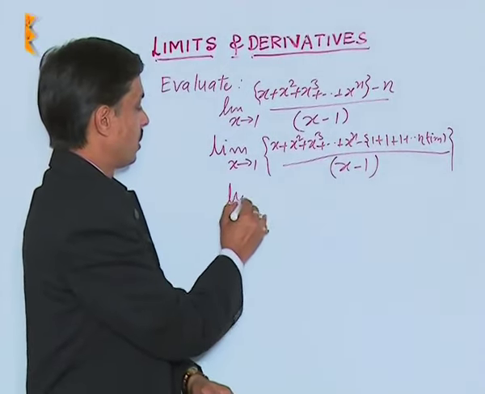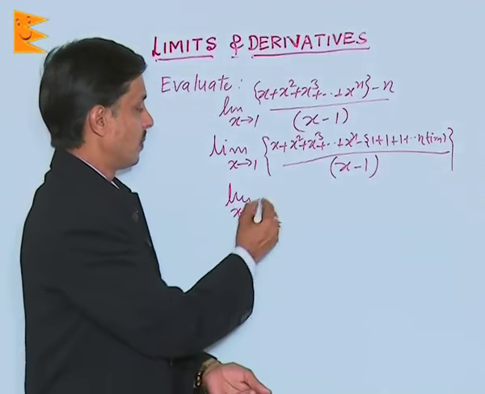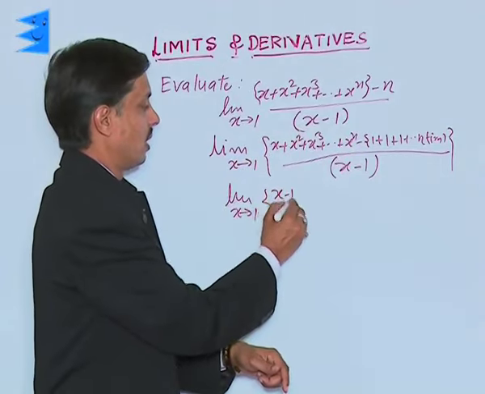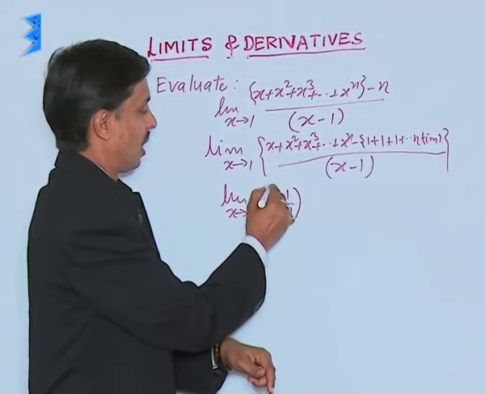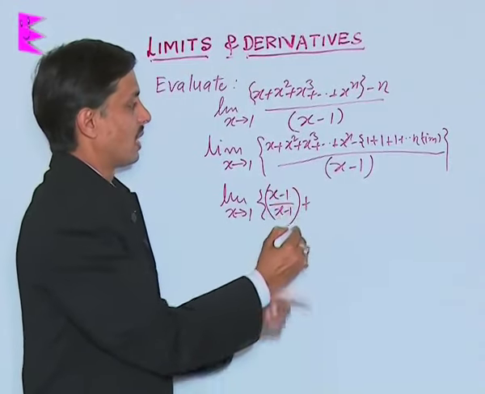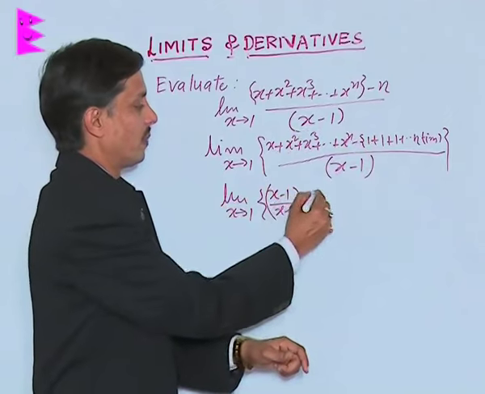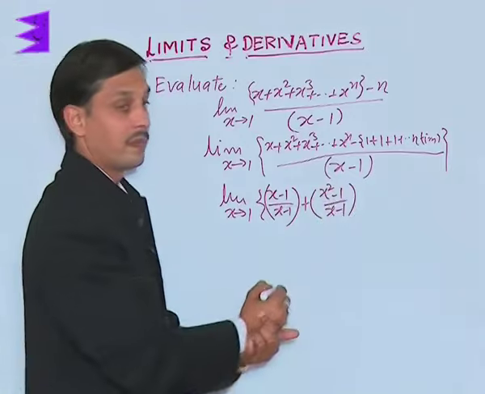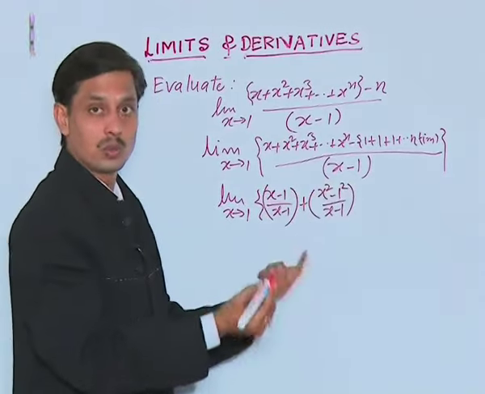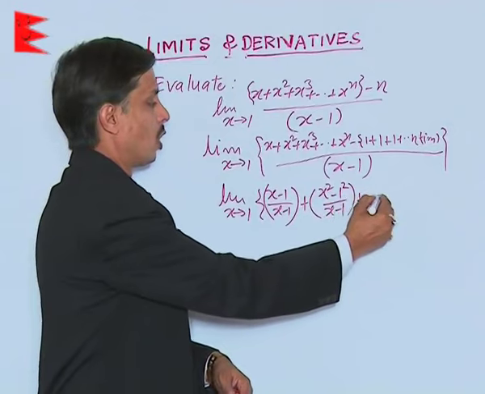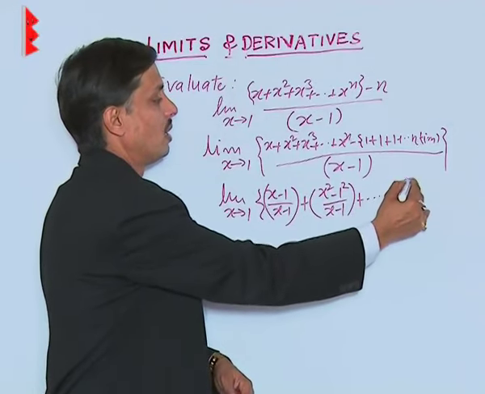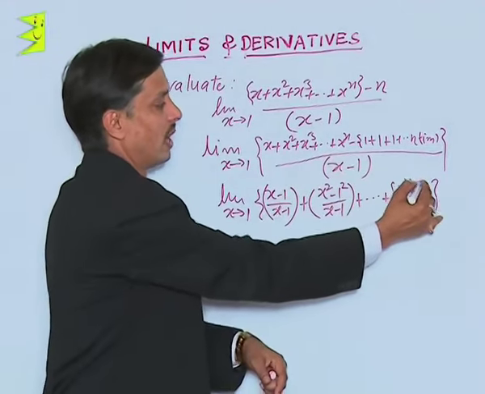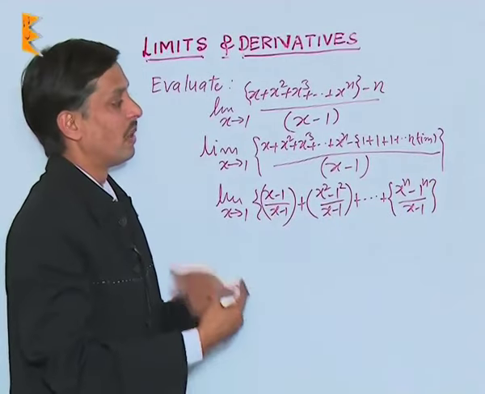Now you can check, this becomes limit x tending to 1 and can be written as x minus 1 upon x minus 1 plus, for x square and the next 1, it can be written as x square minus 1 upon x minus 1, and in the numerator 1 I can write 1 square or 1, same meaning, plus dot dot dot, and the last term will be x to the power n minus 1 upon x minus 1. So we can write 1 as 1 to the power n, 1 multiplied n times is 1.